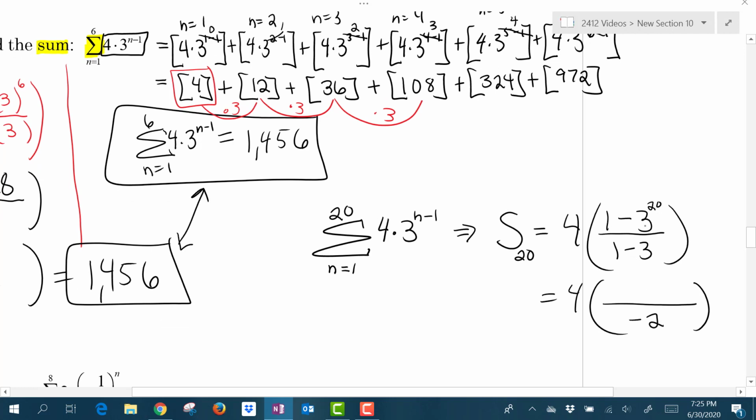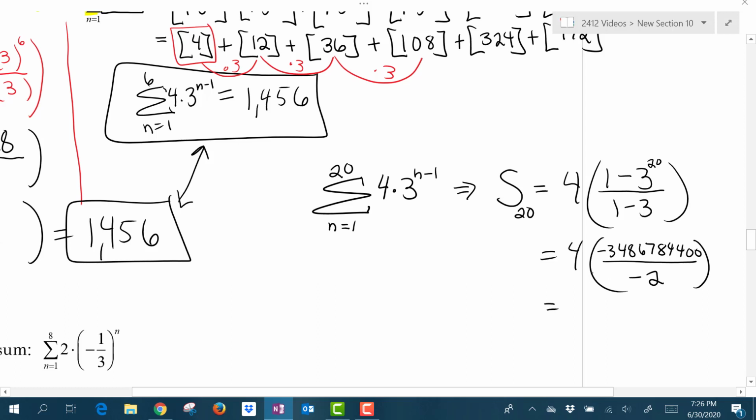And when I put 1 minus 3 to the power of 20 in my calculator, I get a very large number. Alright, I'll put this large number divided by negative 2 in my calculator, and I get a positive value. And I'll multiply that by 4, and I get another very large number.